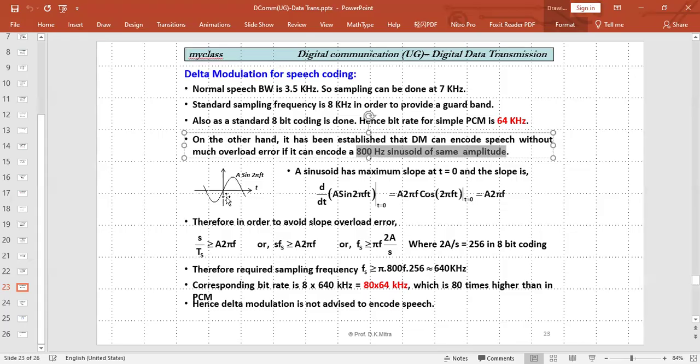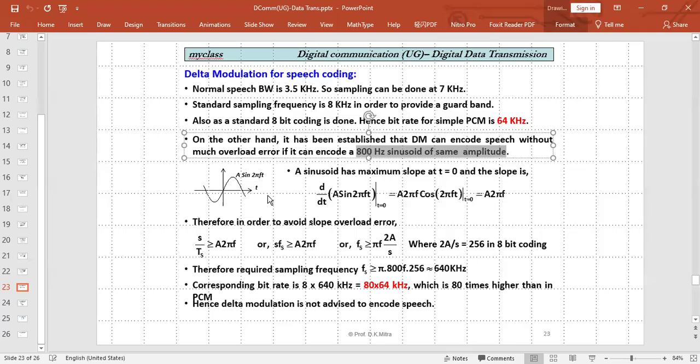If you have a complex signal, then mathematics becomes a problem. Found that if your system can handle an 800 hertz sinusoid without any overload error, then your electronics will be able to handle standard speech. Somebody giving a classroom lecture, somebody talking. Some standard speech signal can be handled without any overload error.